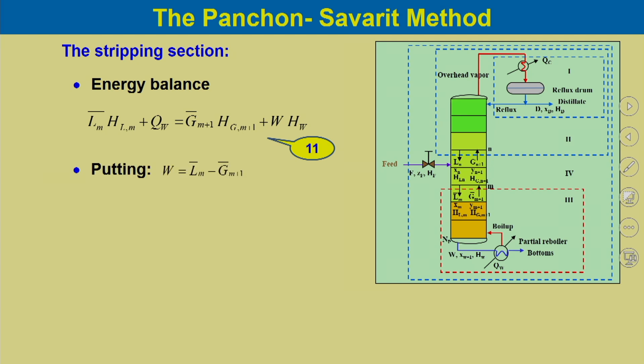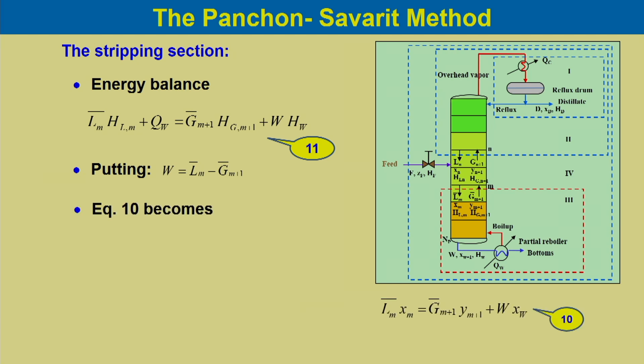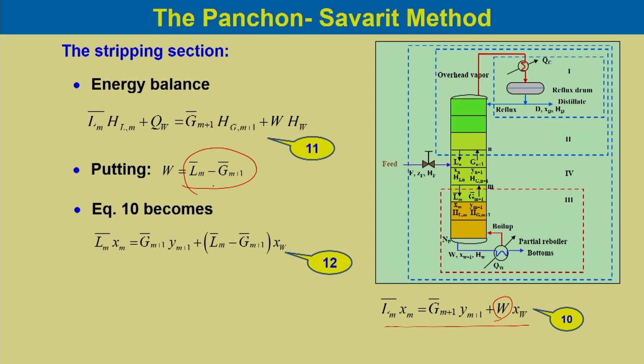Now, if we use the total material balance, W would be equal to Lm bar minus Gm plus 1 bar. Then in equation 10, the species mole balance, Lm bar Xm would be equal to Gm plus 1 bar into Ym plus 1 plus Lm bar minus Gm plus 1 bar into Xw. So, W is substituted with Lm bar minus Gm plus 1 bar here.